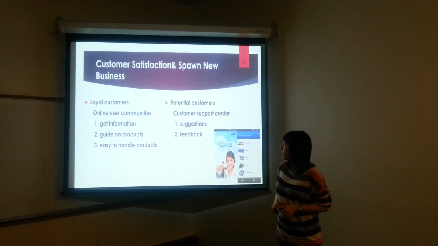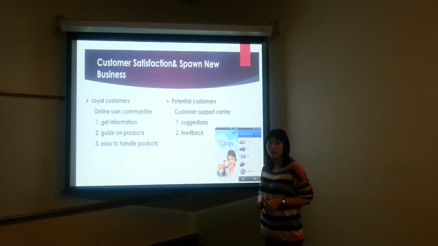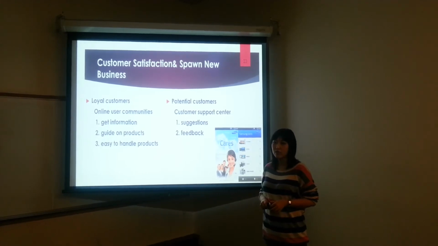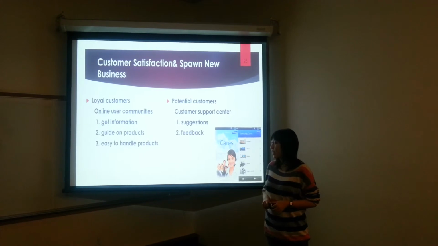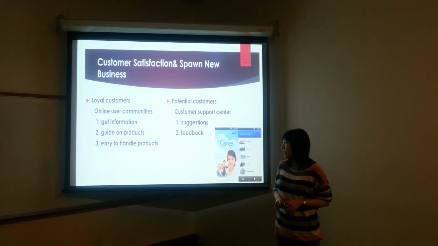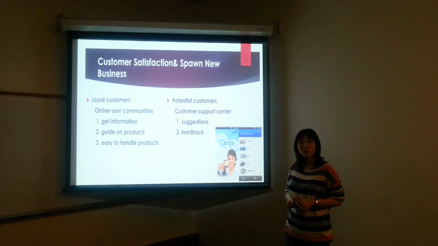For one point, the online user community can support the information for the product, and the customer can go online to search the product's information there, and also they can find a guide for the product on it. It is really helpful for the customer to realize the product function, and also easy to handle the product.